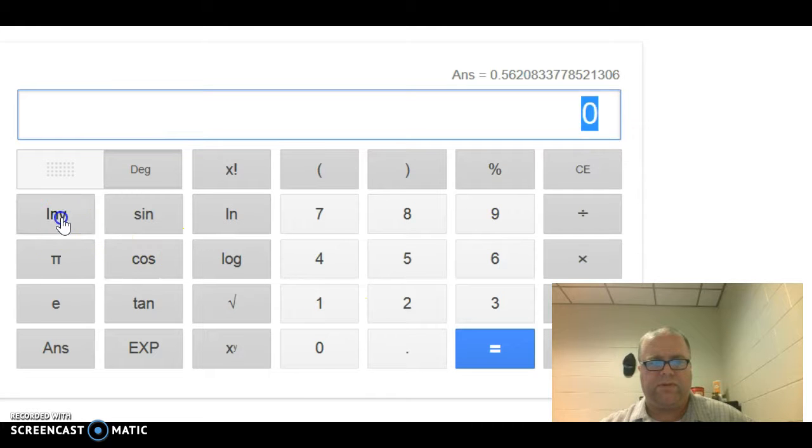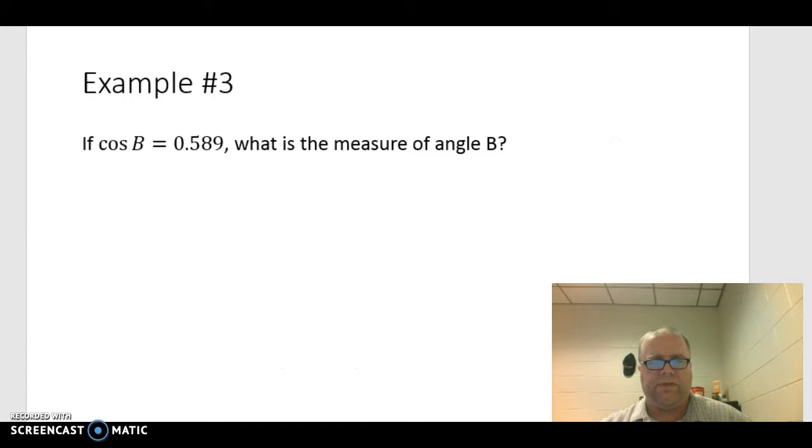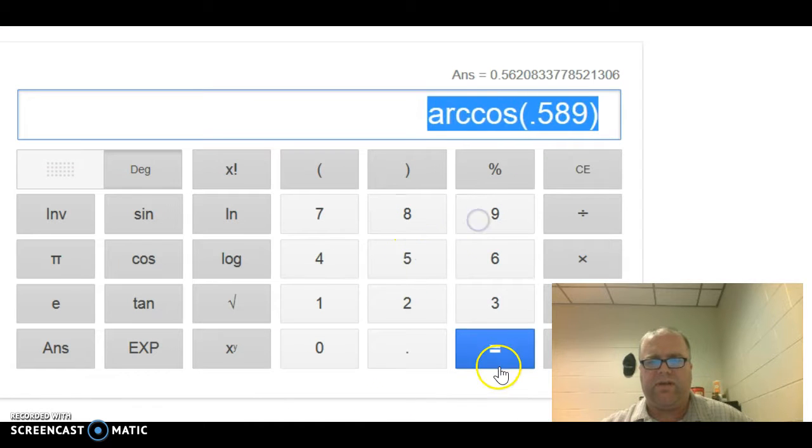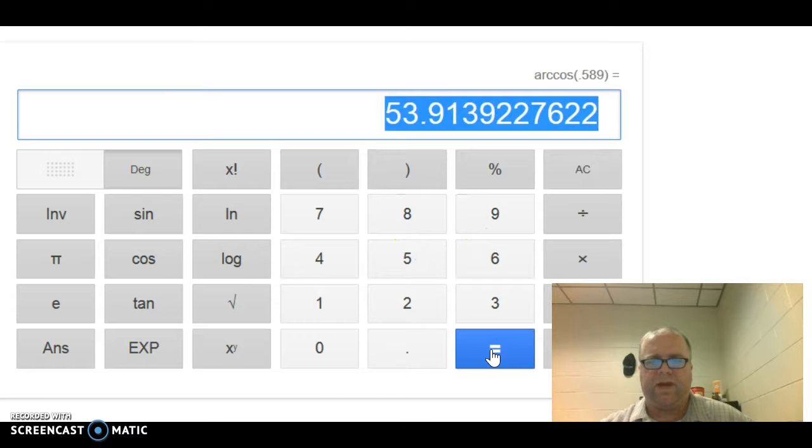the inverse cosine of, see what that was, 0.589, and it spits out about 53.91. So that would be the angle that gives me that ratio of the adjacent side over the hypotenuse.